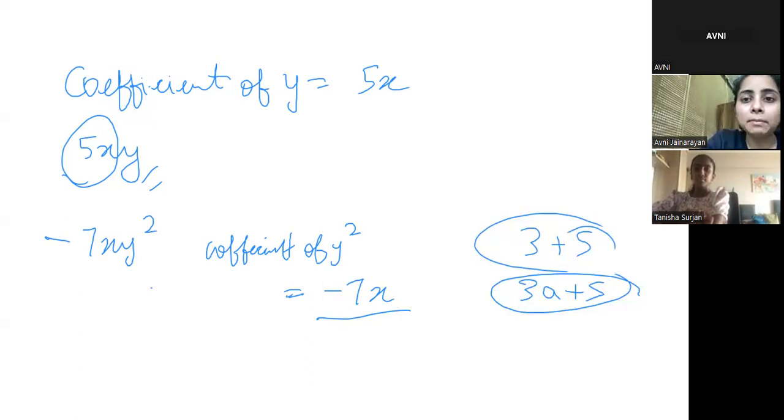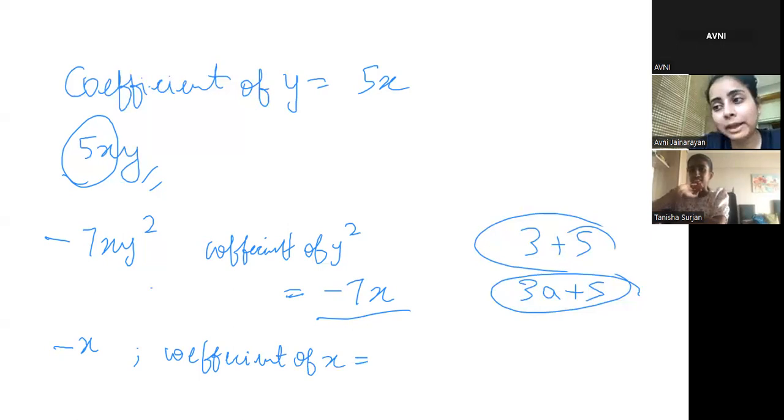Now, in minus x, what is the coefficient of x? Minus. What minus? Minus sign. It cannot be just minus sign. If there is no number, what do we say? It is minus one. Yes. Got it? So since there is no number here, there is a 1 that is hidden. Got it?